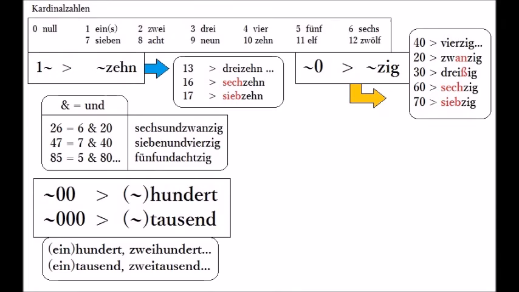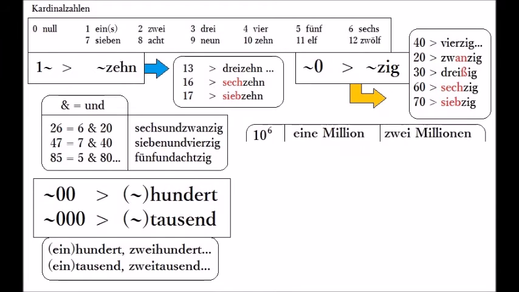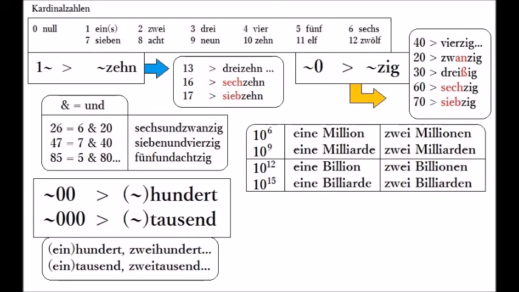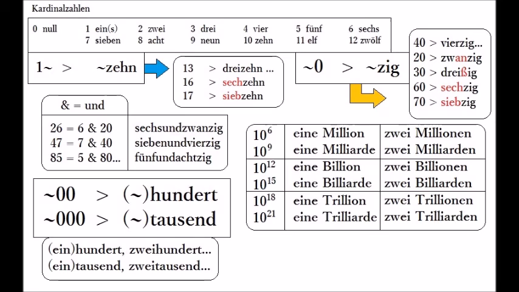The very large numbers are 10 to the power of 6, 1.000.000, 2.000.000. 10 to the power of 9, 1.000.000.000, 2.000.000.000. 10 to the power of 12, 10 to the power of 15, 10 to the power of 18, 10 to the power of 21.